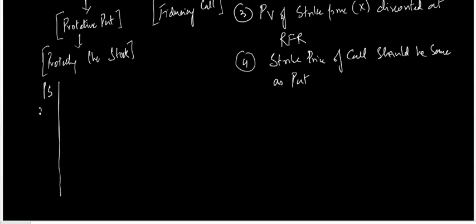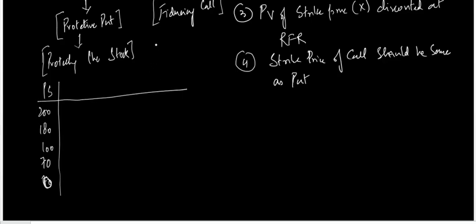Say for example this is 200, 180, 100, 70, and 0.